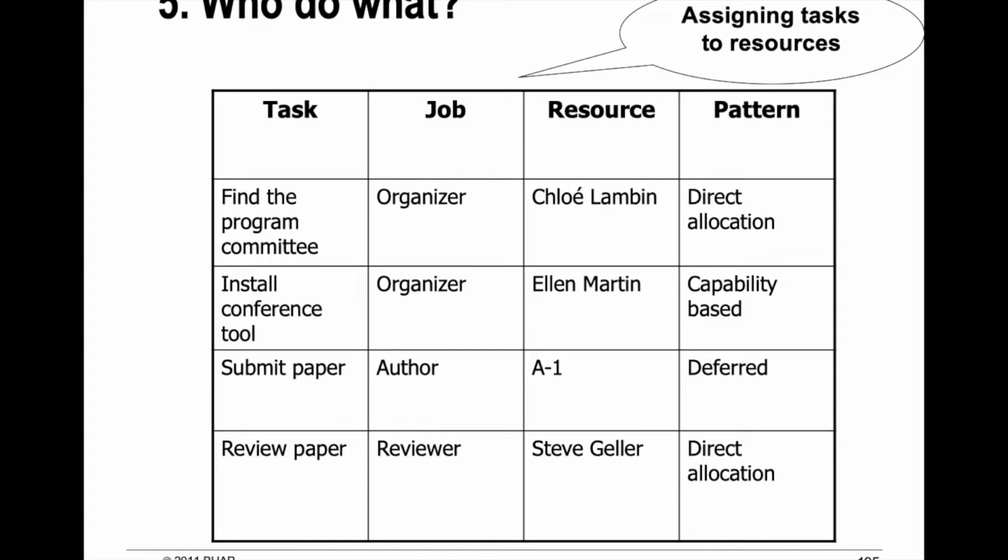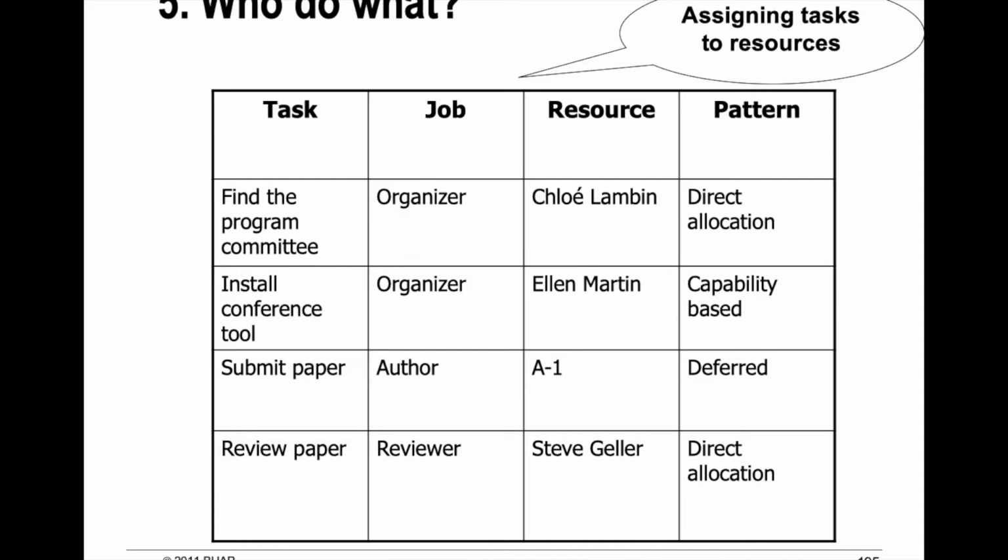So in the literature review, we have something called design patterns. Design patterns are well-known solutions to well-known, defined problems. For instance, try to see that now that I'm in a conference, we need to find a program committee, install the conference tool, a web-based solution, submit papers, review papers, and we have different actors and resources that are used to do those tasks.